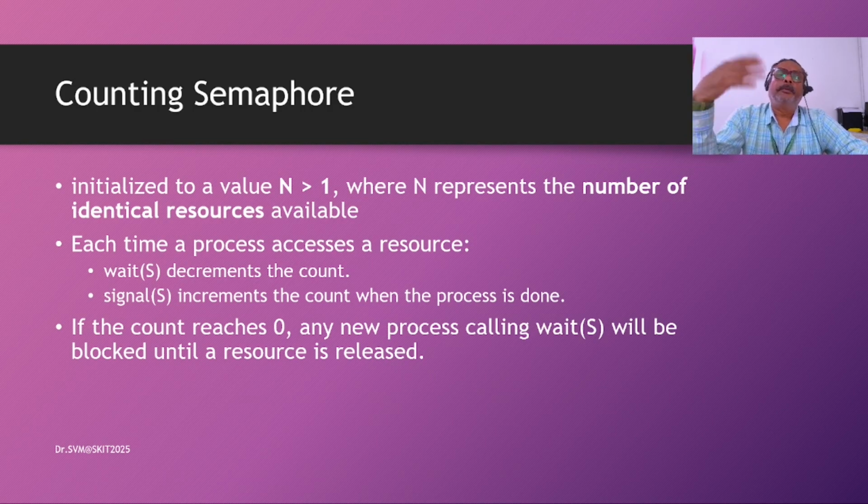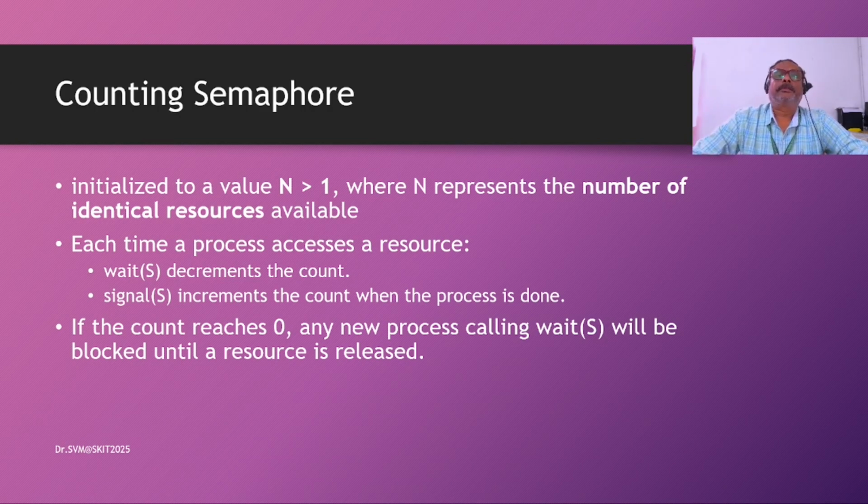Maybe 10 more processes want to use the printer. 5 were available, 5 were allotted. After 5 were allotted, the value of S had gone to 0. After that, 10 more have come in. Then it went on reducing, and finally it goes to -10, which says that 10 have asked for a printer.